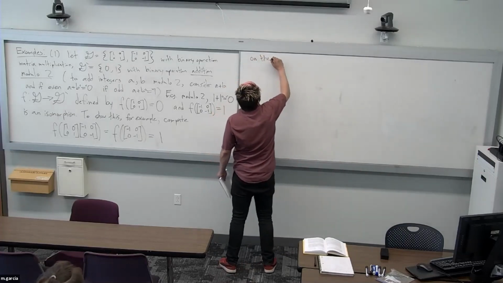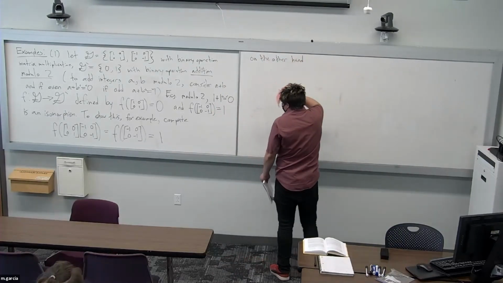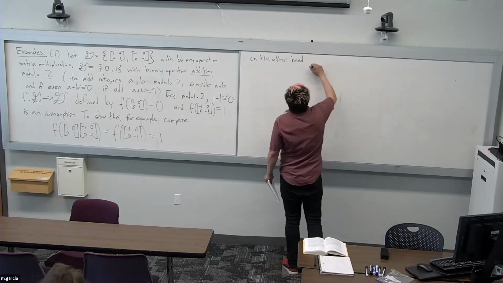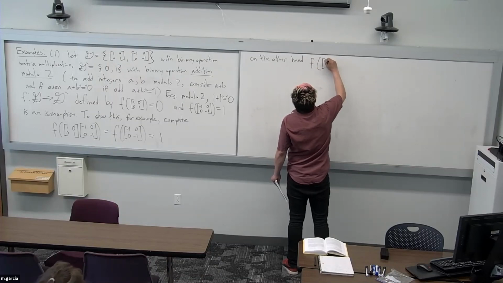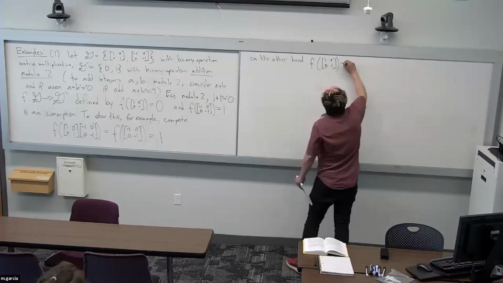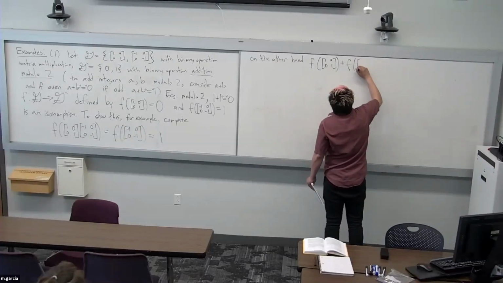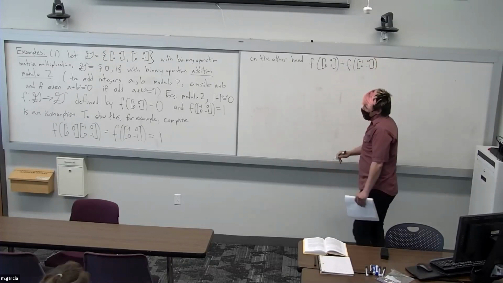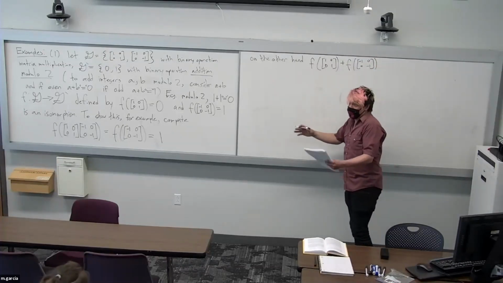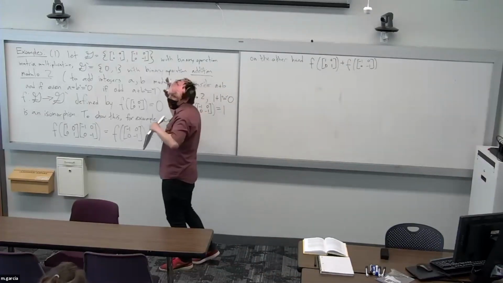On the other hand, let's compute f of the identity matrix plus f of the negative of the identity matrix. Okay, so here it becomes more transparent about when you're operating in G, when you're using the operation of G, and when you're using the operation of G prime.